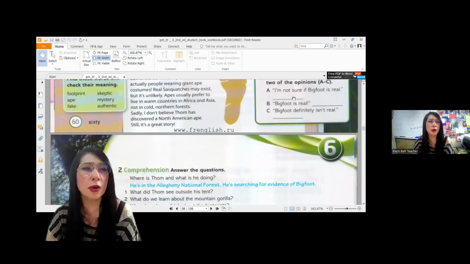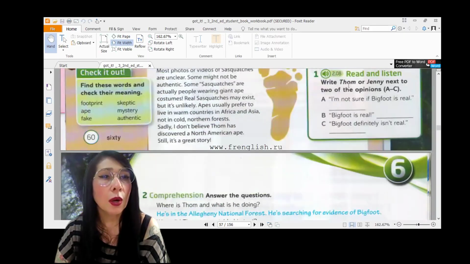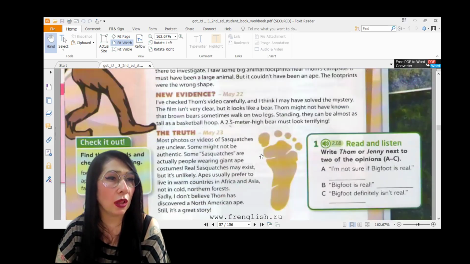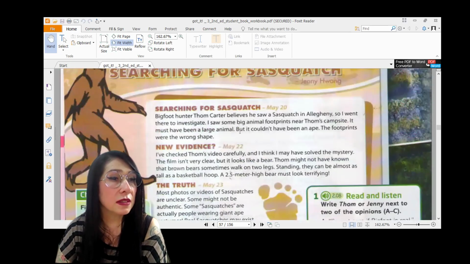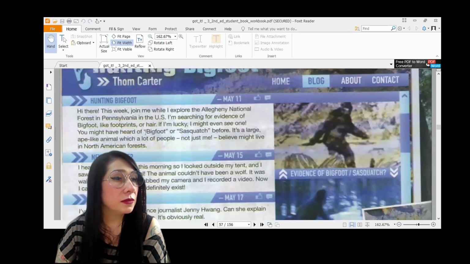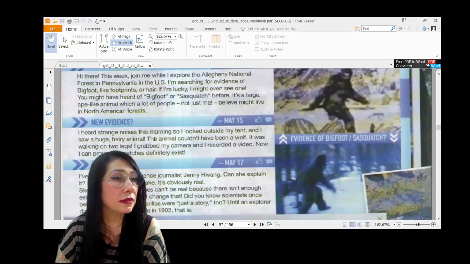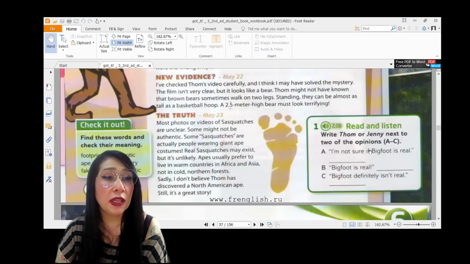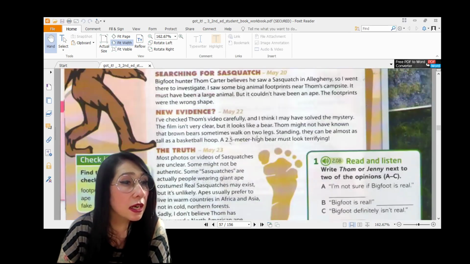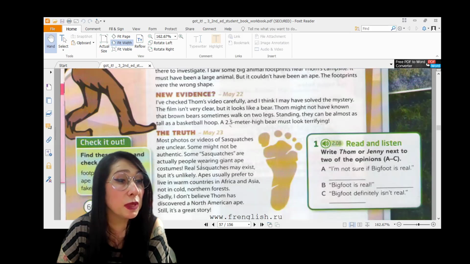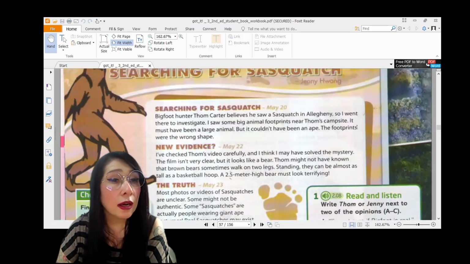Here, exercise number 1. Write Tom or Ginny next to 2 of the opinions. So I'm not sure if Bigfoot is real. That would be Ginny's sentence. The photos, the videos, some might not be authentic, some Sasquatches are actually people wearing giant ape costumes.